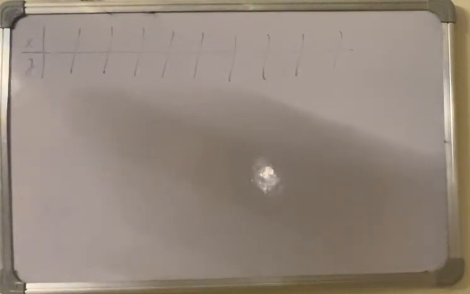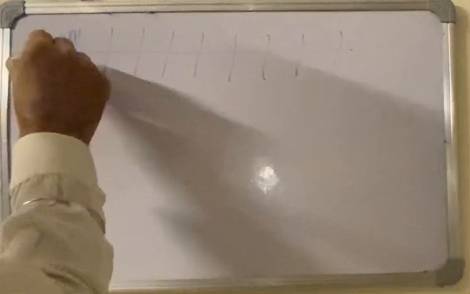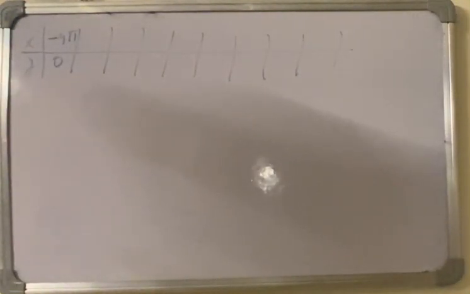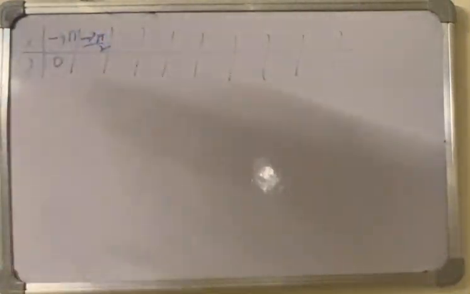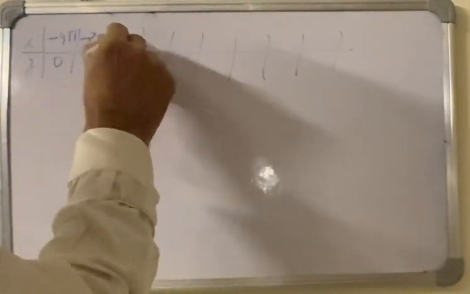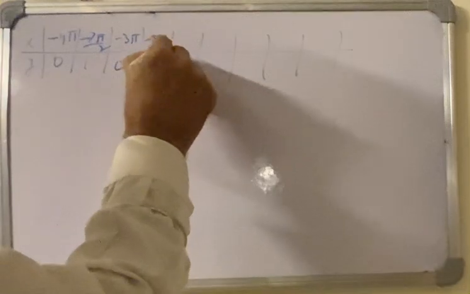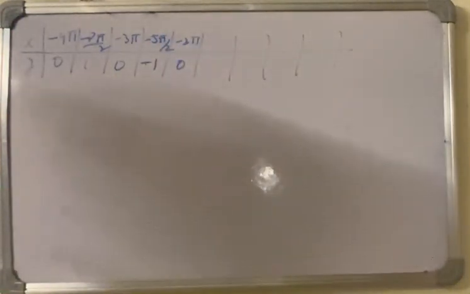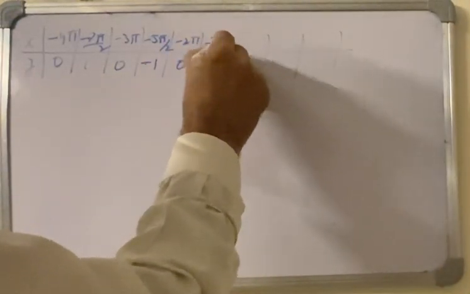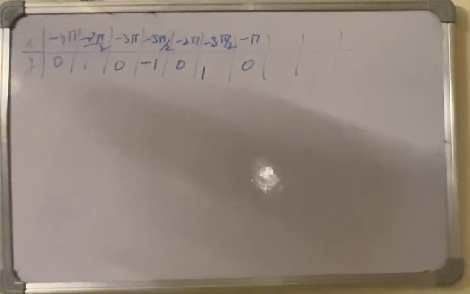The value of x is minus 4 pi, y is 0, then minus 7 pi by 2, its value is 1, then minus 3 pi, its value is 0, minus 5 pi by 2, its value is minus 1, then minus 2 pi, its value is 0, and minus 3 pi by 2, its value is 1, minus pi, value of sin x is 0.